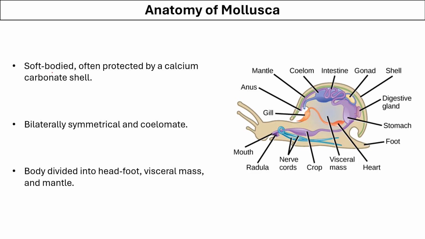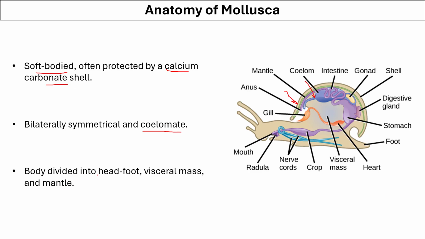Mollusks have a soft body which is sitting inside a shell made of calcium carbonate. So this is the outer shell, and the animal sits inside these exoskeletal shells. They have bilateral symmetry and they are coelomates. That means they have a true body cavity.